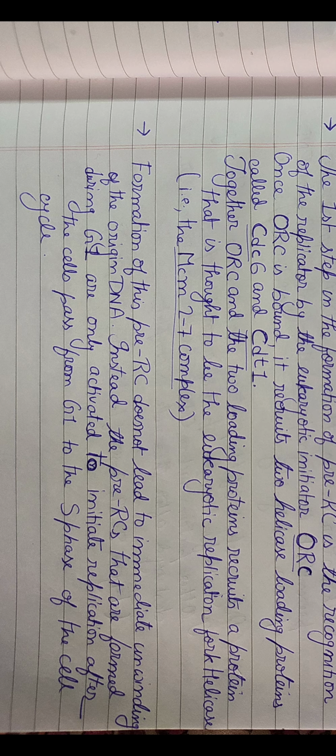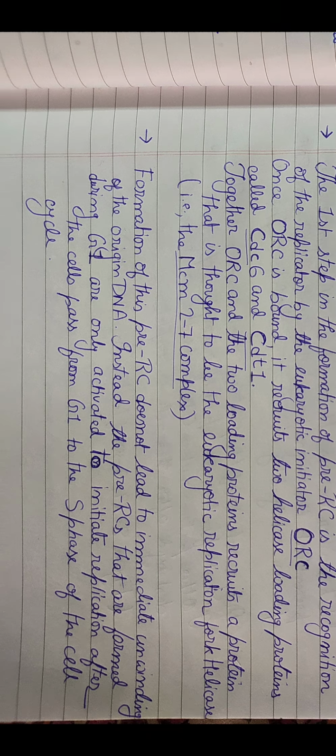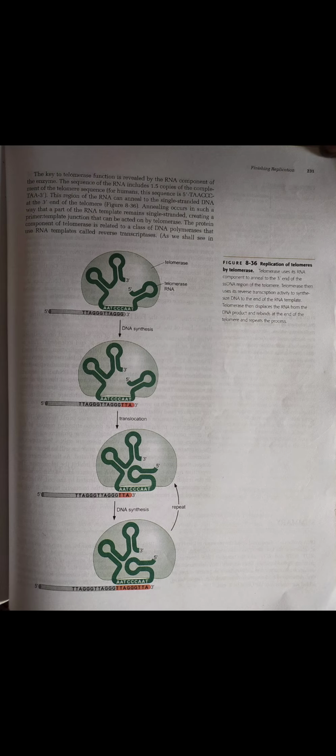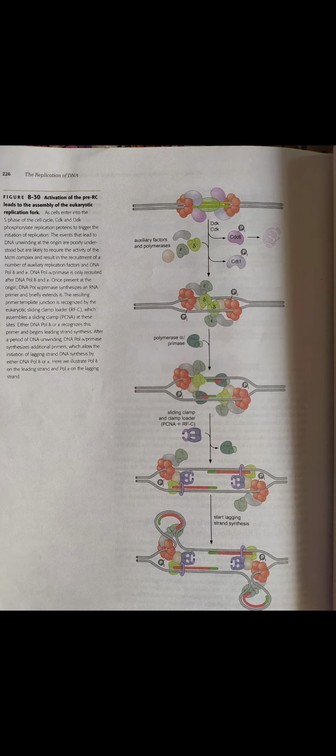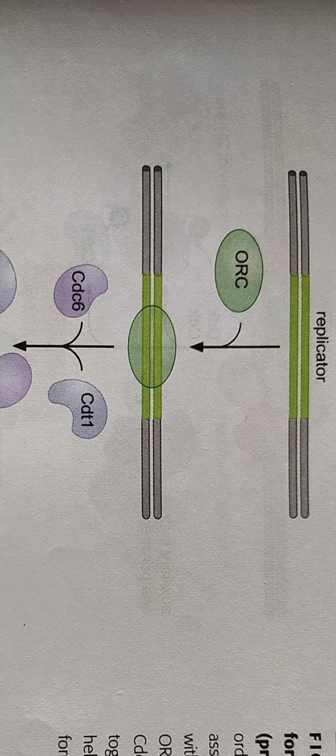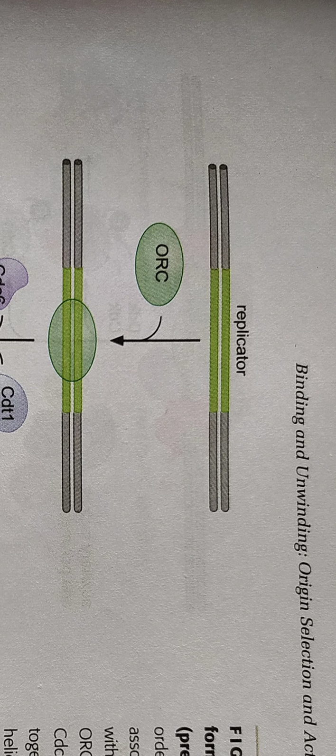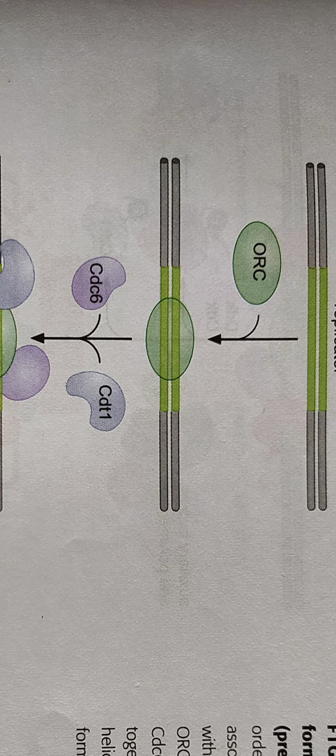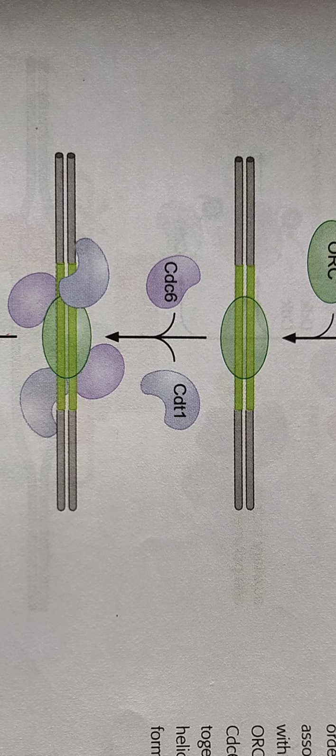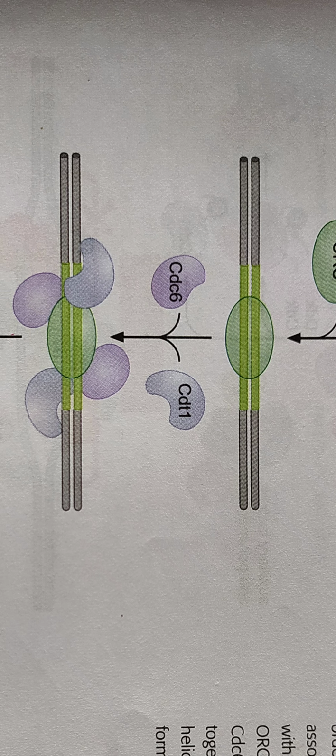Let us see the diagram now of this pre-replication complex. Here one replicator region has been shown. The ORC is the first protein that assembles in that replicator region. ORC then recruits the two other helicase loading proteins, CDC6 and CDT1.